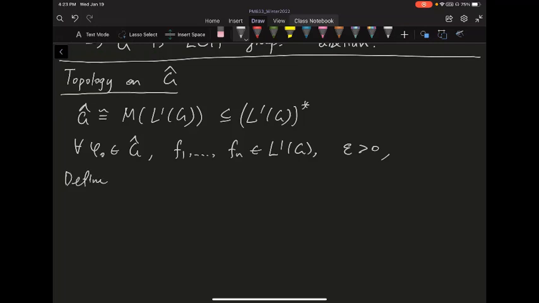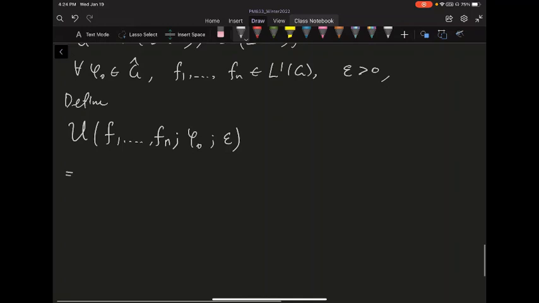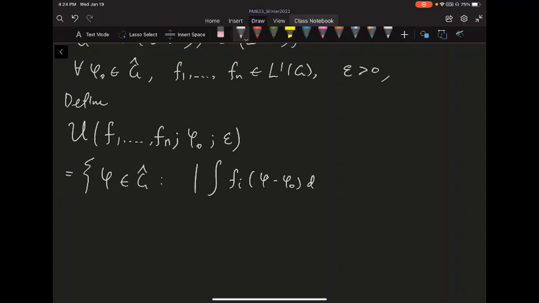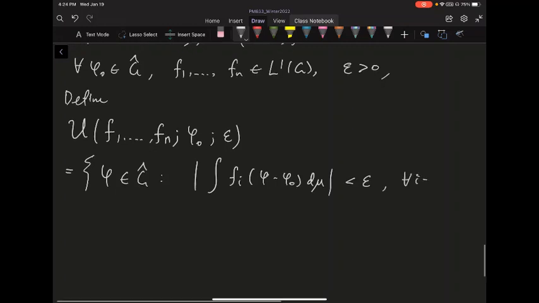Let's just use the notation. Let's define this U of f1 up to fn, centered around phi 0, with epsilon. These are essentially all the phi inside G hat where phi and phi 0 are close enough against these fi. In other words, if you integrate each of these fi against the difference between phi and phi 0, where dμ is the Haar measure, you fix some Haar measure again, this is going to be less than epsilon for all i going from 1 to n.